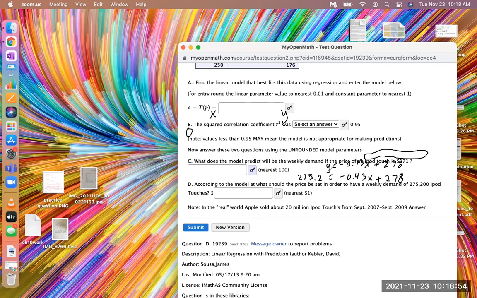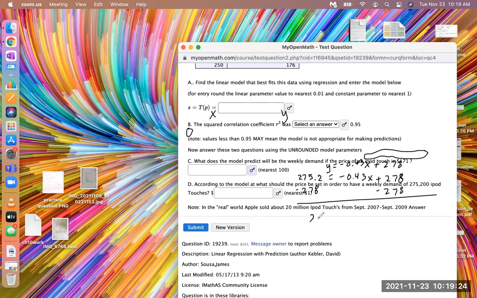And then see, once we plug in for y, now I have one equation and only one unknown, and I can use algebra to now solve for that. So now what I would do next is I try to isolate the x term by itself by subtracting 278 from both sides. Then I would do 275 minus 278, which is, okay, it's 0.8 to 276 and then 2.